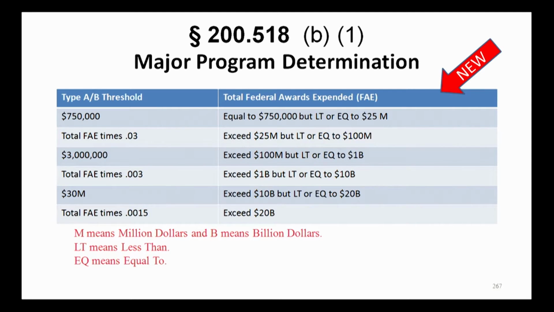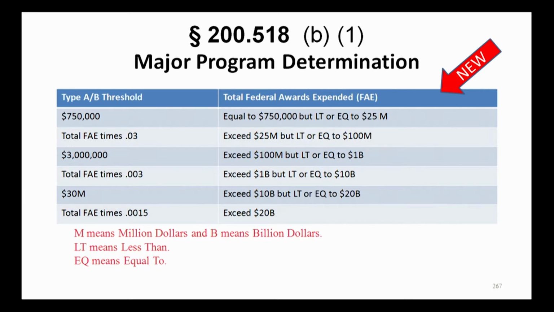So what this means is that if you have $750,000, it's equal to 750,000, but less than or equal to 25 million, those would all be A programs.